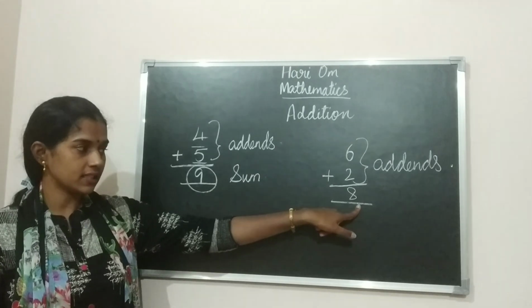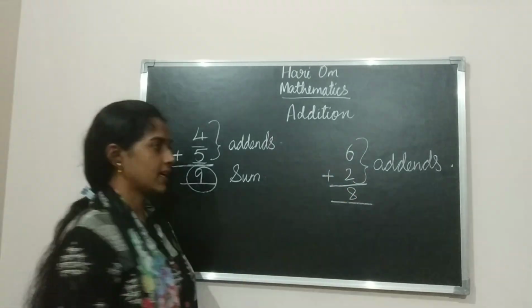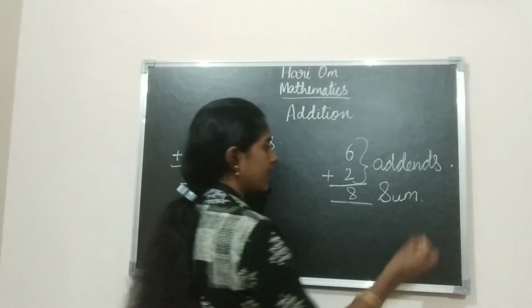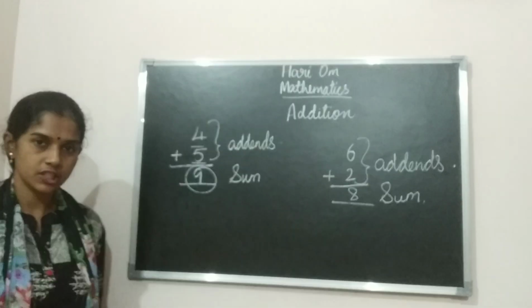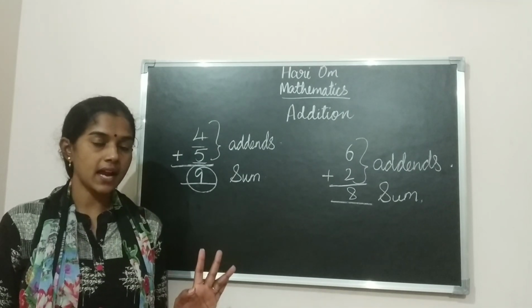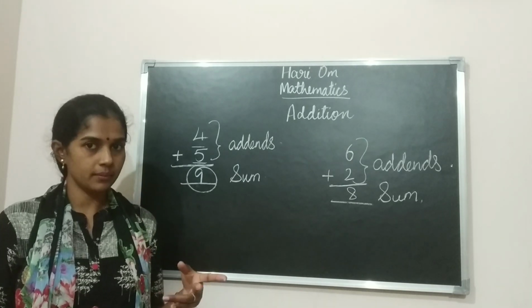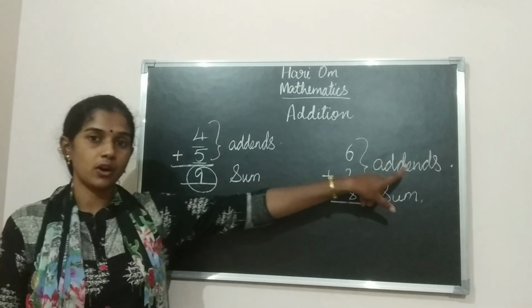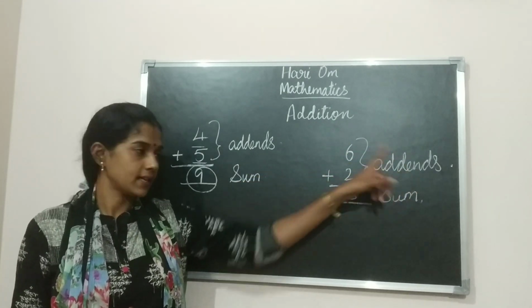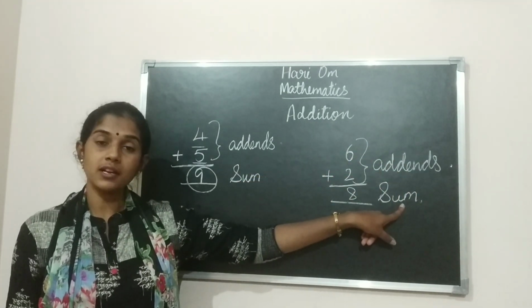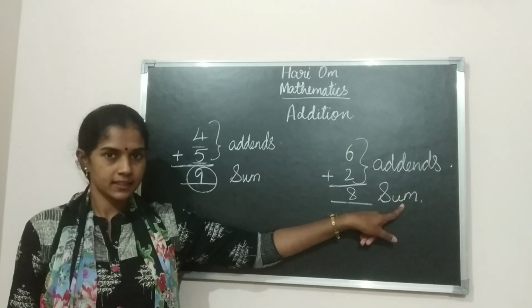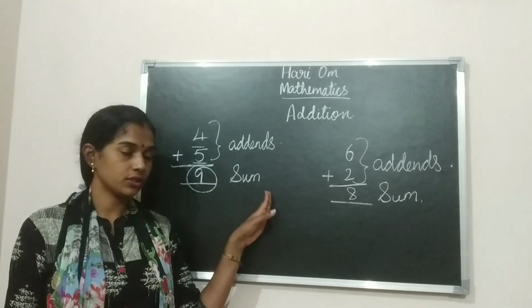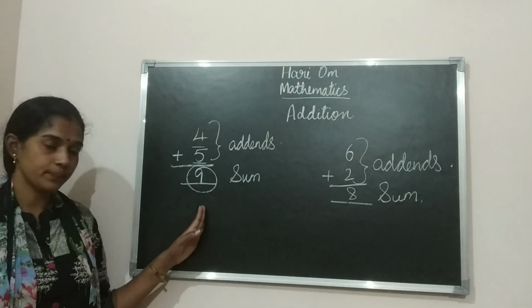The answer is called the sum. When we add two or three numbers, the numbers we are adding are called addends, and the answer we have got is called the sum. Have you all understood what is addend and what is sum?